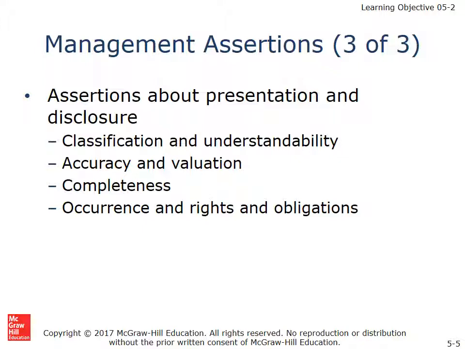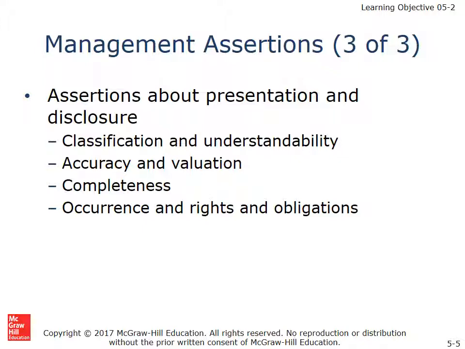Accuracy and valuation. That asserts whether the financials and other information are fair and in appropriate amounts. Completeness. Whether all disclosures that are required are included in the financial statements. That's what that addresses. And occurrence, rights and obligations.